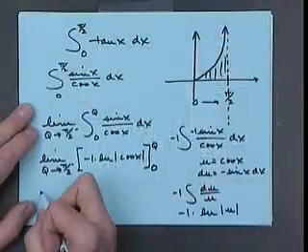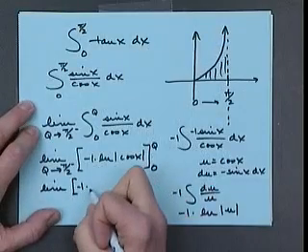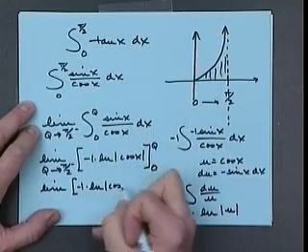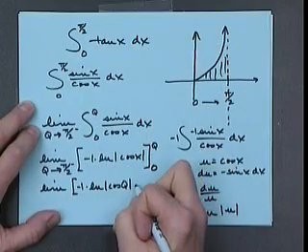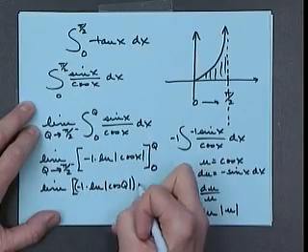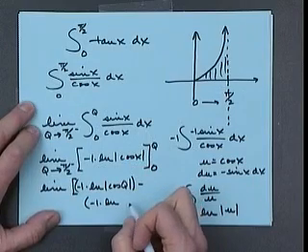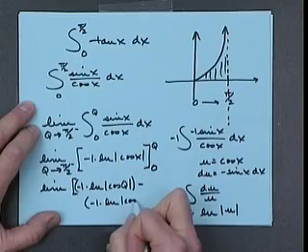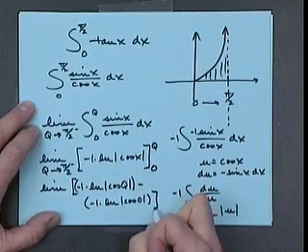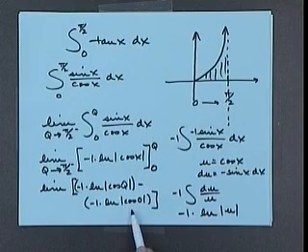All right, so we now have it integrated. We need to evaluate. The upper limit is q, so we don't really know what's going to happen there. And the lower limit is 0, so we plug it in for x. We get cosine of 0.